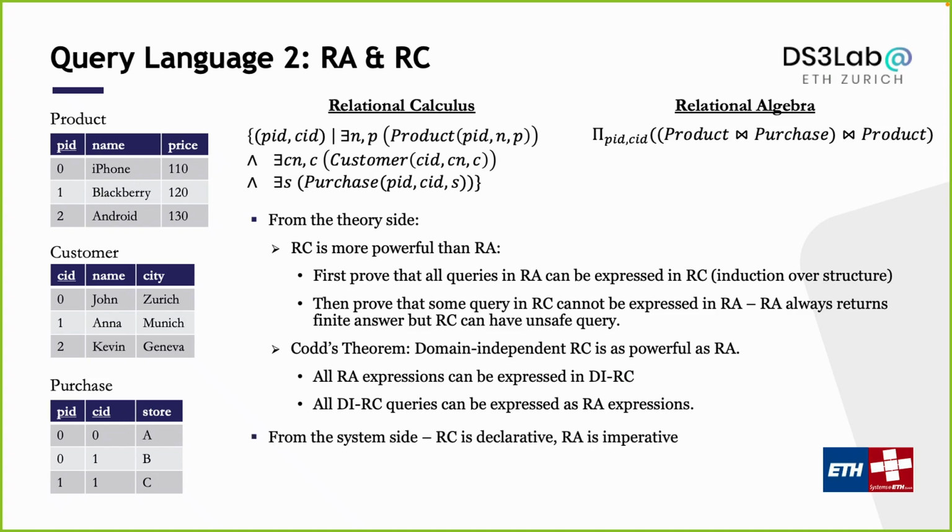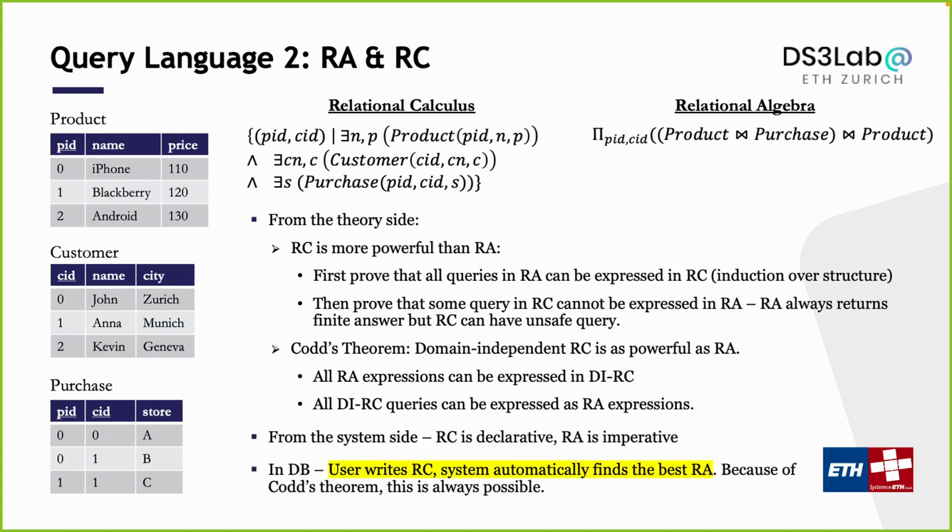If you think about why this is super important, it's because it means that if you are building a system where users write relational calculus, your system can always find a concrete relational algebra expression to actually run it. It means that if you constrain the power of the user to domain-independent relational calculus, everything the user wants has a concrete correspondence of how to get it done.